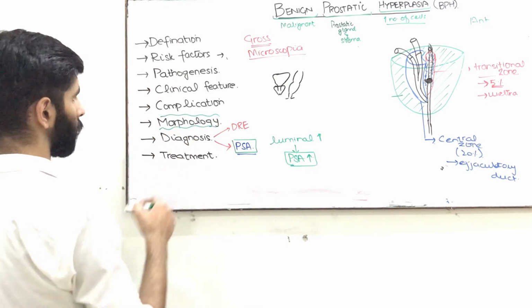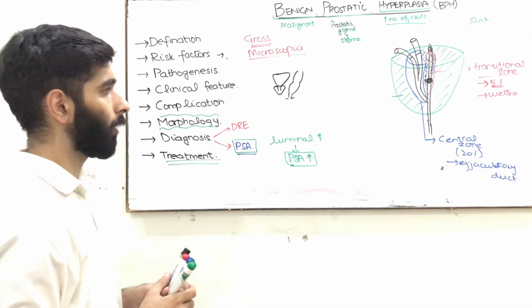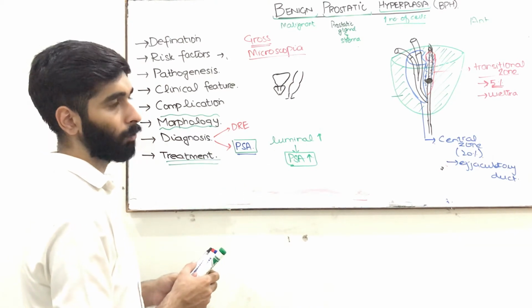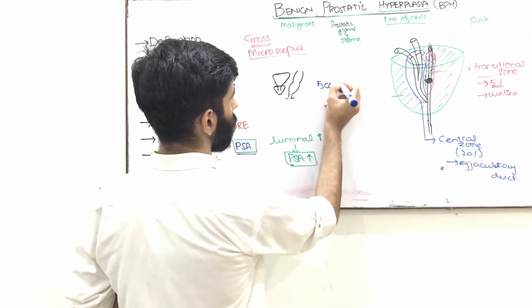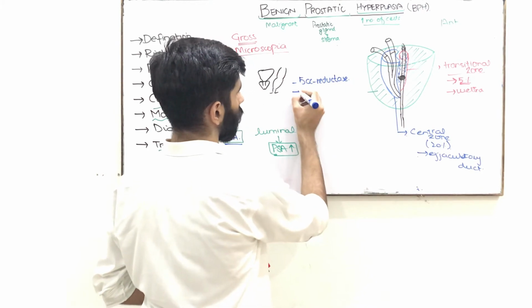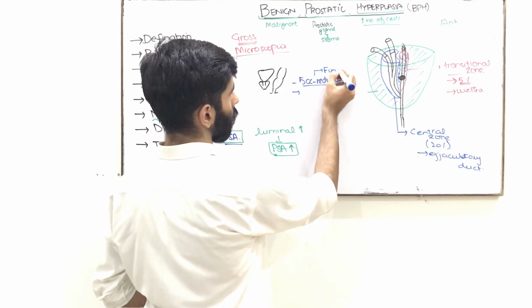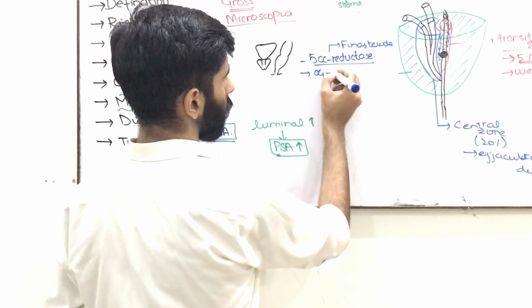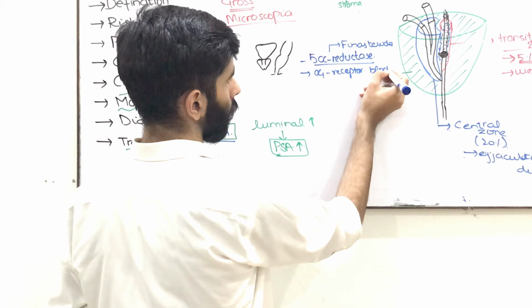And for the treatment of benign prostatic hyperplasia, the main aim of treatment is to relieve the urine outflow obstruction. So 5-alpha reductase inhibitors are used. Other drugs include finasteride, and alpha-1 receptor antagonists.